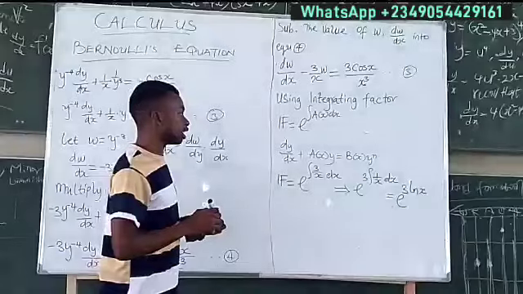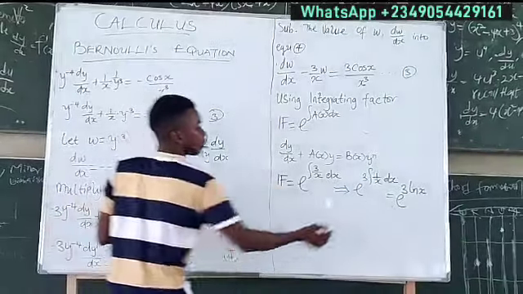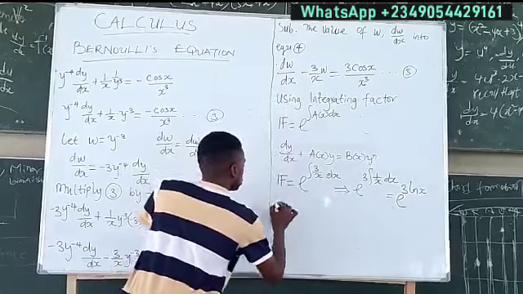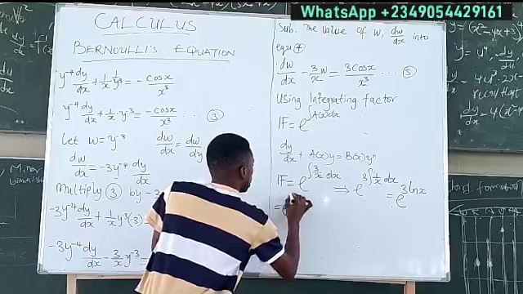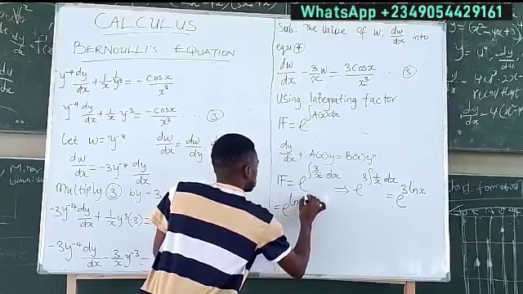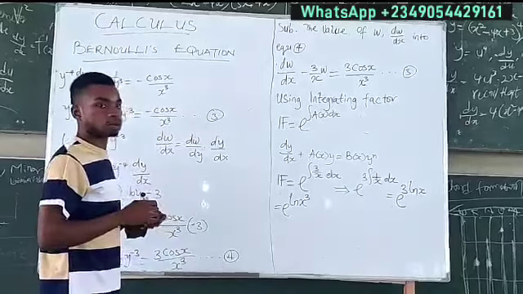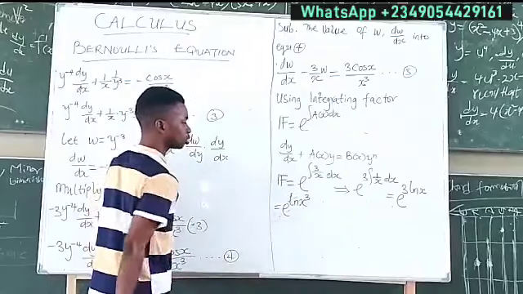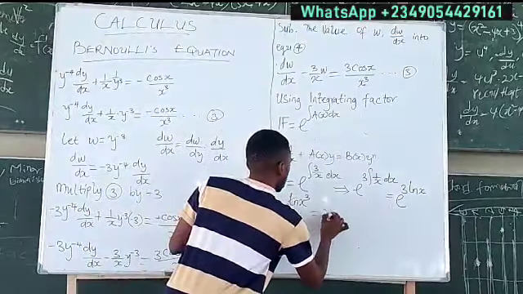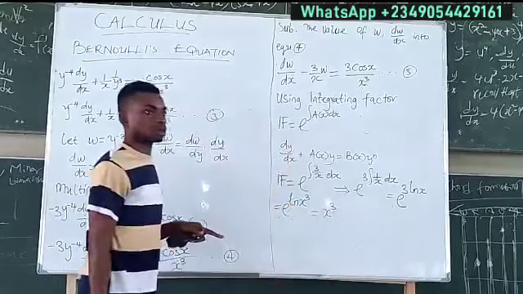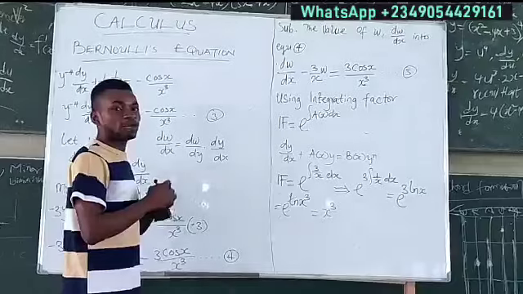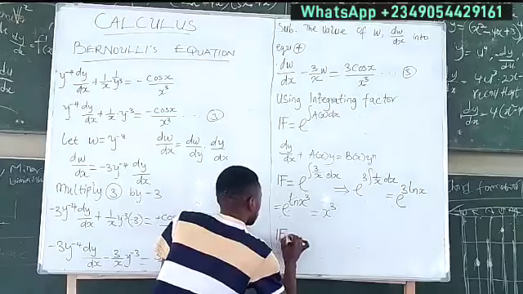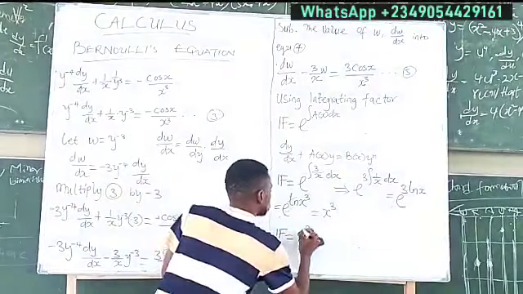Then from our logarithm rule, our 3 will go up to this x, becomes exponential ln x raised to power 3. Then exponential will cancel out ln, and we'll be left with x raised to power 3. Therefore, our integrating factor is equal to x raised to power 3.